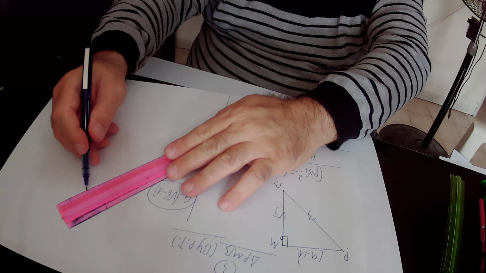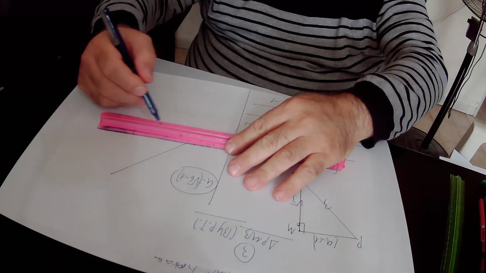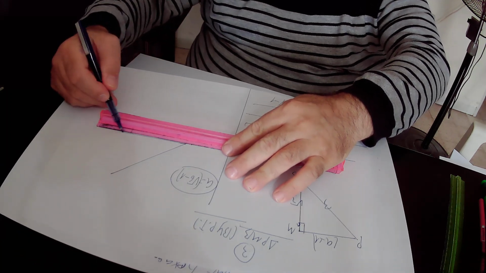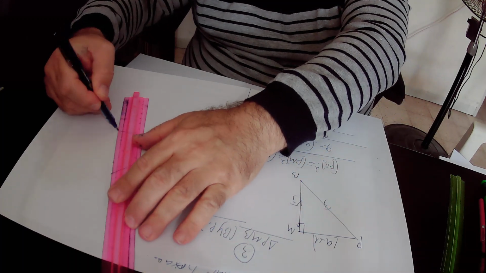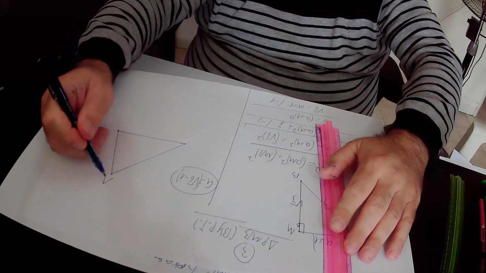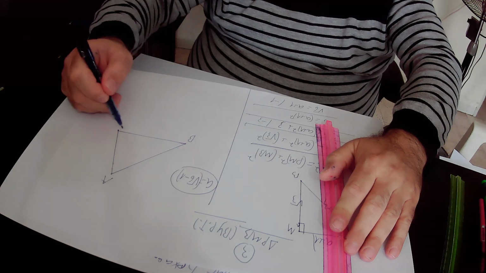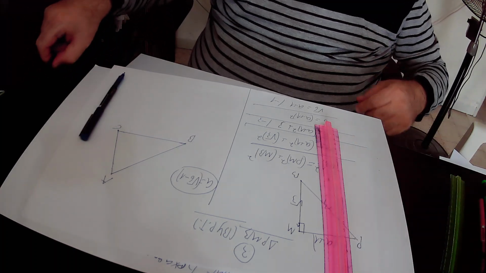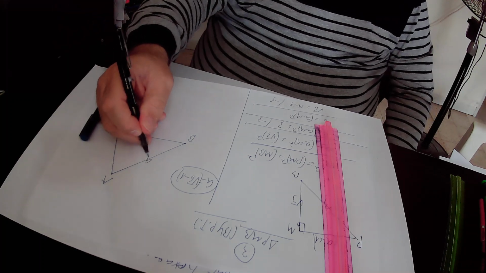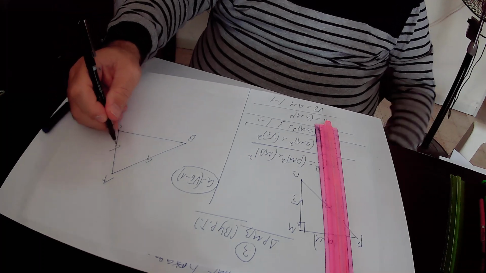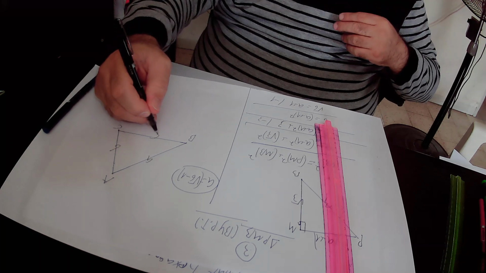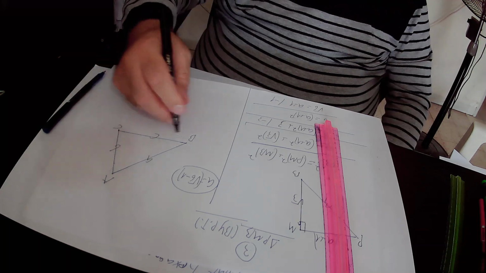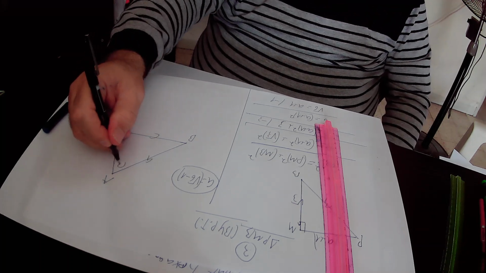So if we have a triangle ABC, that could be any triangle, and the length of side AB is A, side AC equals B units in its length, and finally side BC equals C units in its length, and the angle between side AB and side AC is theta.